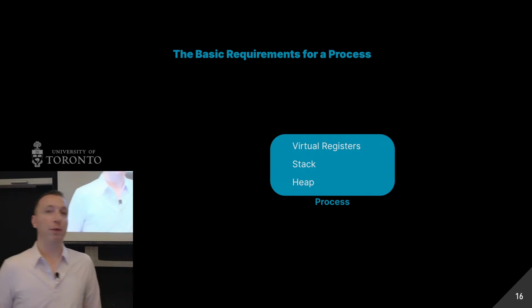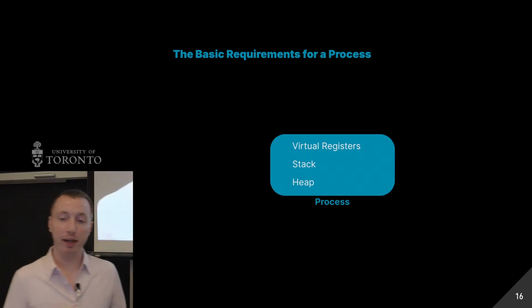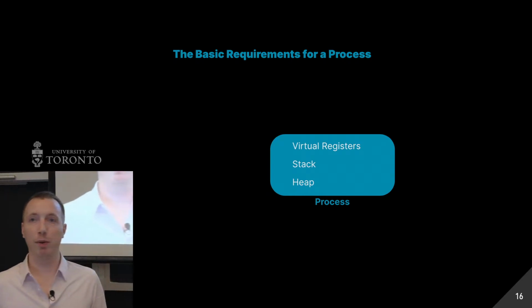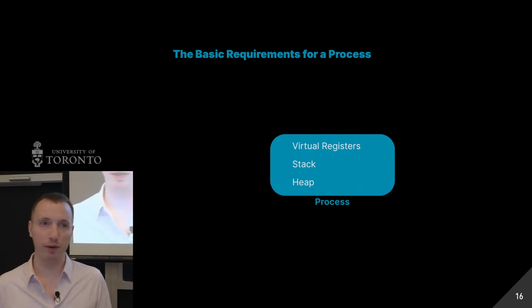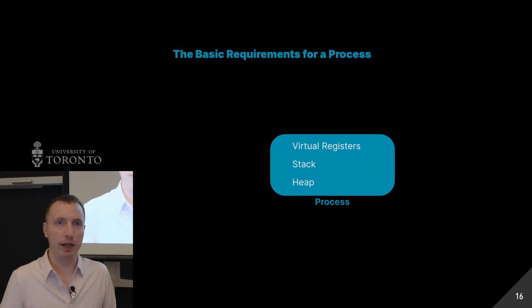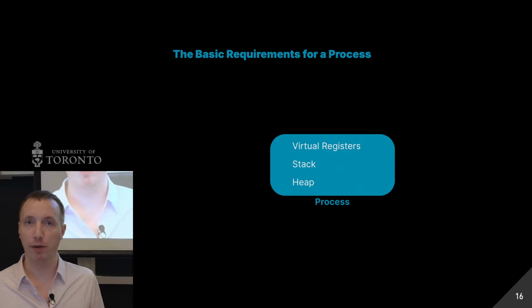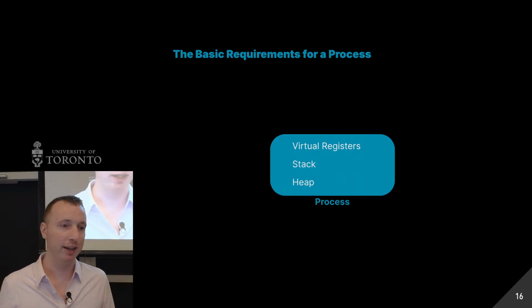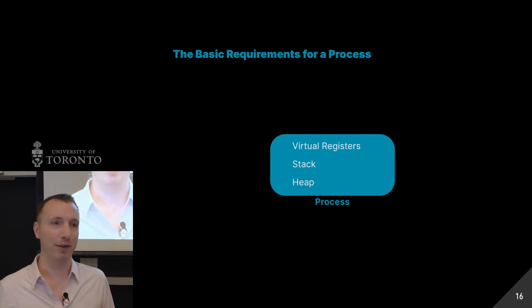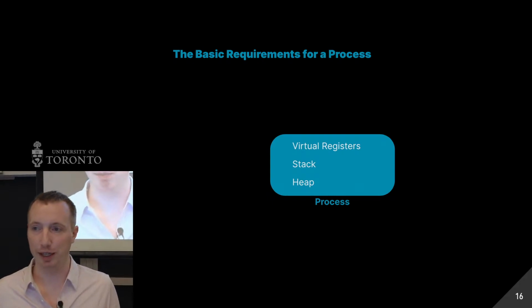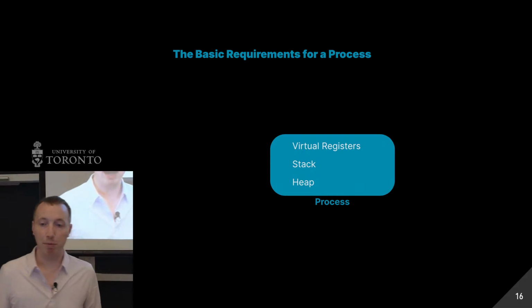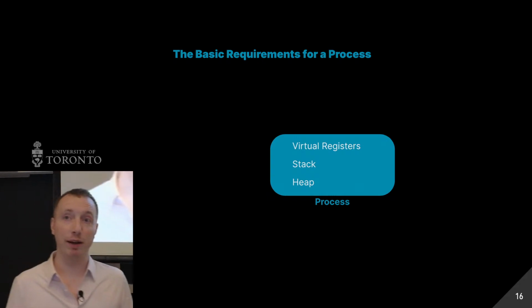So if we think about what needs to be in a process for it to run, we probably know a CPU has registers. If we have multiple processes running on our machine, and they were all using, I don't know, the same set of 32 registers, you could imagine that they would just clobber each other and it would be complete chaos. So every process needs its own independent set of registers.